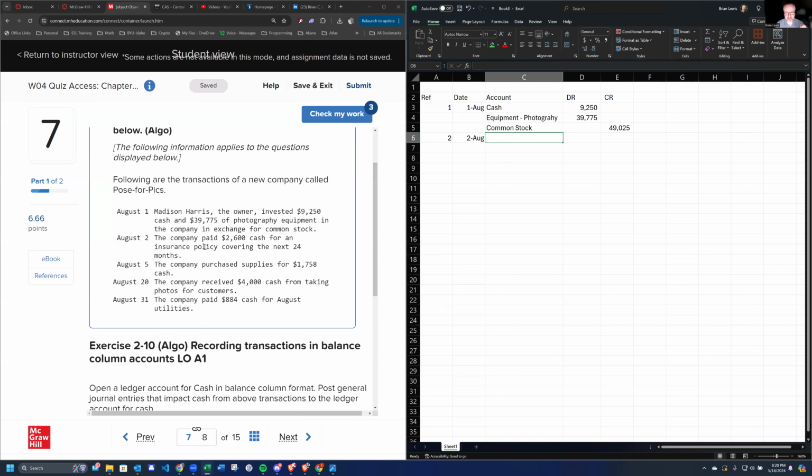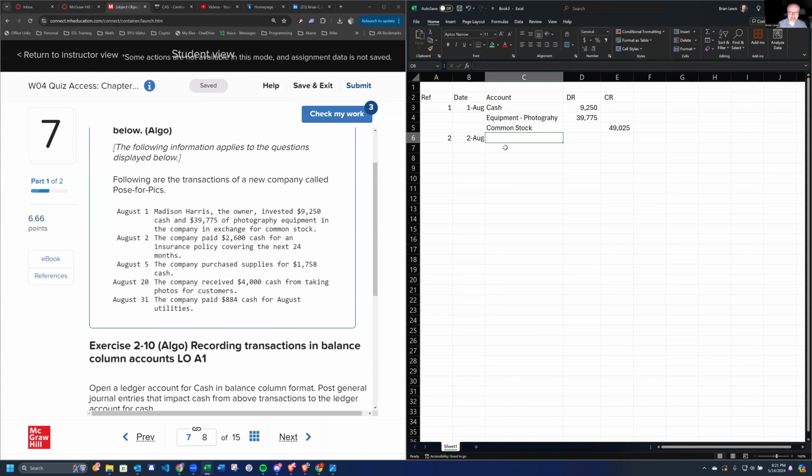So cash is coming down, right? It's an expenditure. Cash is coming down, but your prepaid insurance policy is going up. Those are both asset accounts, so they're going to show up on the asset side of the equation only. It would be easy to start off with cash and then the insurance policy, but we know that with journal entries, we like to start with debits first and then do the credits.